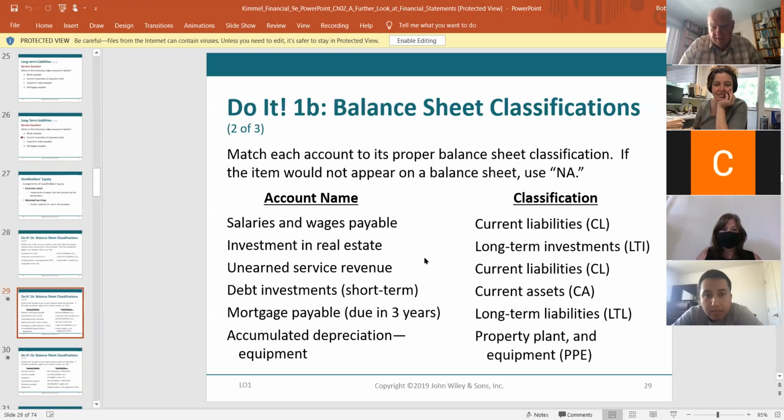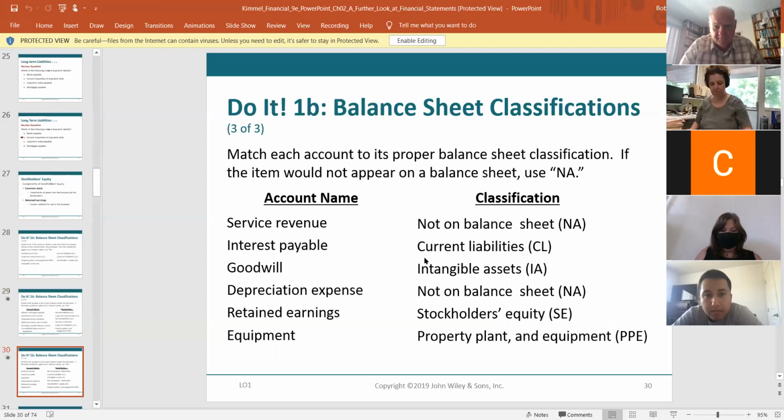When they get my money, they increase cash and they increase an account called unearned service revenue or unearned ticket revenue. They cannot call it regular sales yet because they haven't provided baseball yet. When the season begins, then every month they reduce that liability. Unearned revenue is a liability that's not paid with cash. It's paid with the service. Okay.